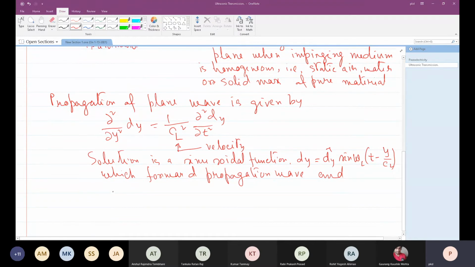And dy is d hat y sine omega L t plus y by CL, which is a backward propagating wave.